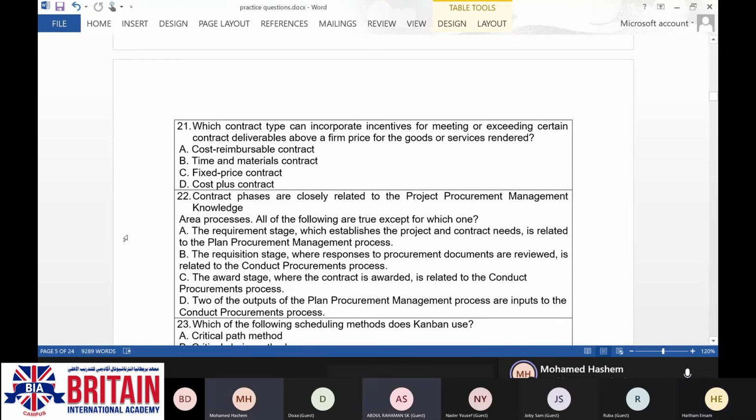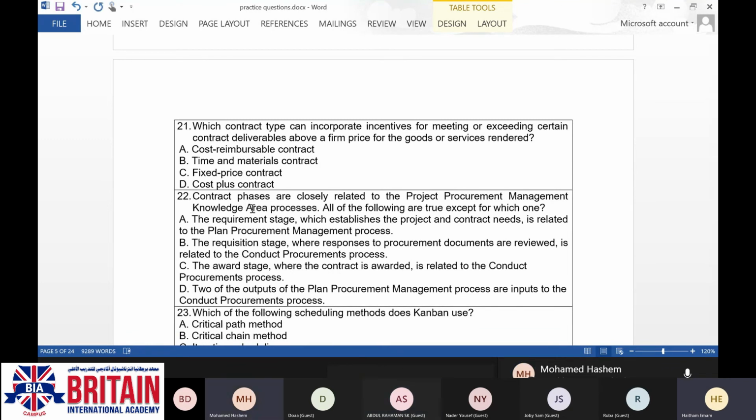Yes, guys. Tell me. Question number 22, please. Contract phases are closely related to the project procurement management knowledge area process. All of the following are true except for which one? A, the requirement stage, which establishes the project and the contract needs, is related to the plan procurement management process. One minute.